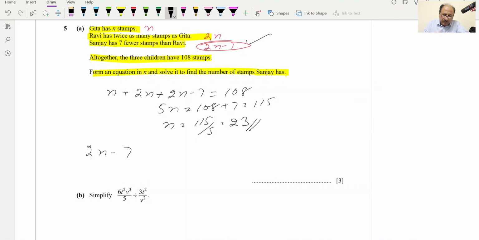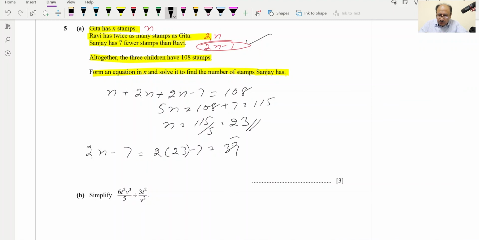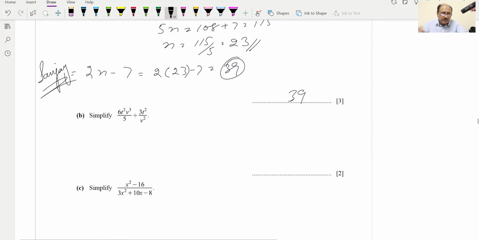So 2n minus 7 will be equal to 2 into 23 minus 7, which is equal to 39. So 39 stems will be our answer. This will be for Sanjay. We can write here. Then next part is simplify.